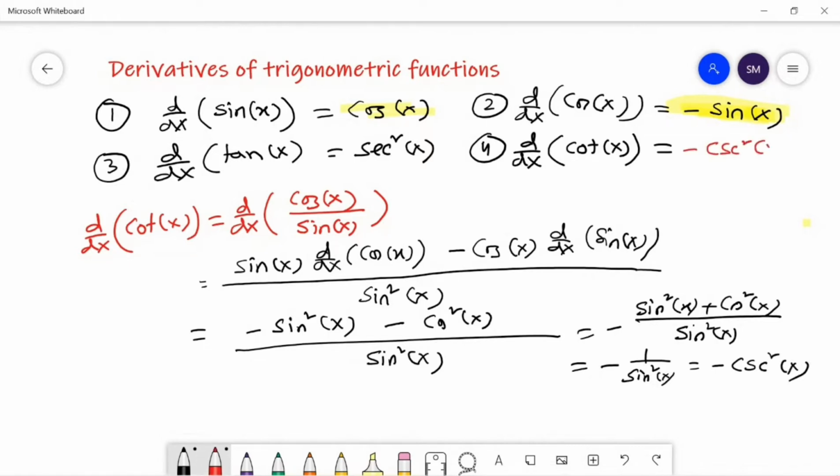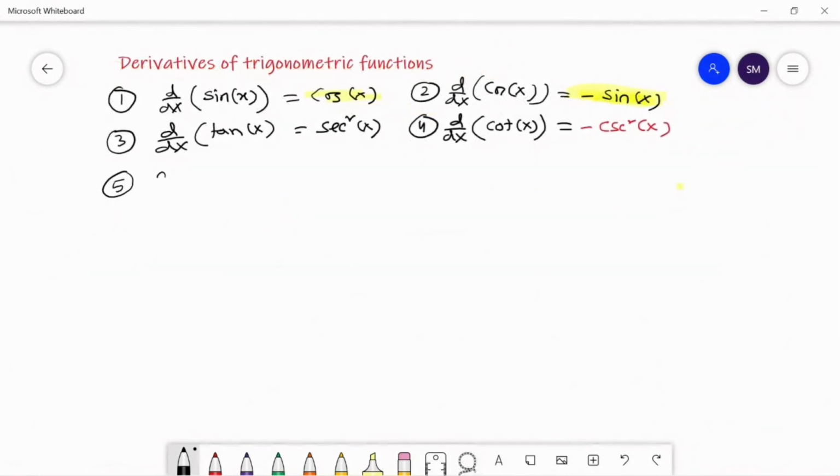So finally we have our fourth rule: the derivative of cotan x is minus cosecant square x.